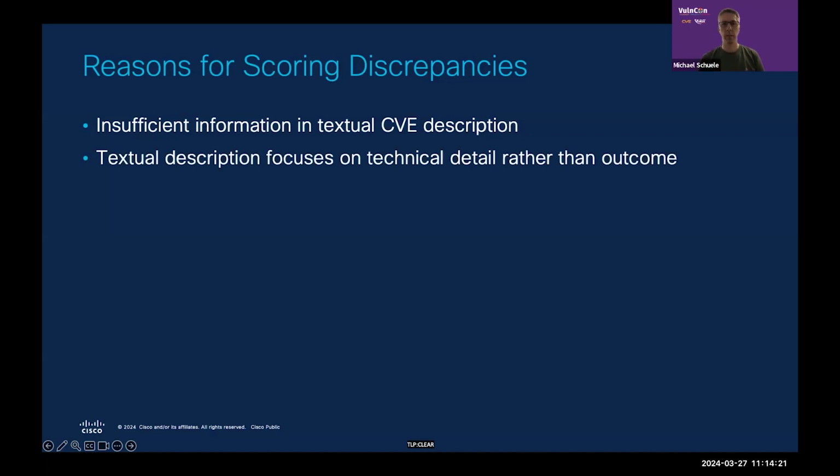The second thing that we found was that in several cases, the textual description of the CVE focused too much on technical detail on how to exploit the vulnerability rather than the outcome. A very prominent example here is that the text description would focus on something being a path traversal vulnerability and the attacker being able to do a path traversal attack.